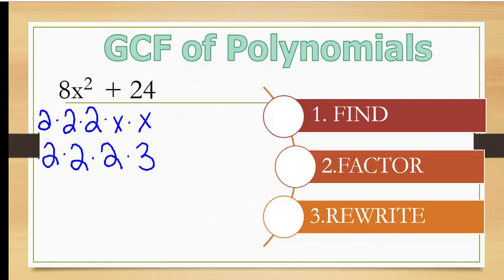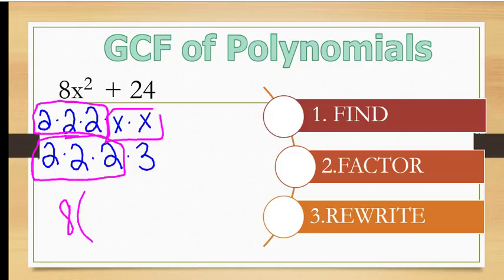So, looking at this, guys, we can see what is common here. We've got 2 times 2 times 2, and that's all that is common here. There's no variables in the second term. So 2 times 2 times 2 is 8. And what's left over here? We've got x times x, which will leave us with x squared, and then the 3. So plus 3.